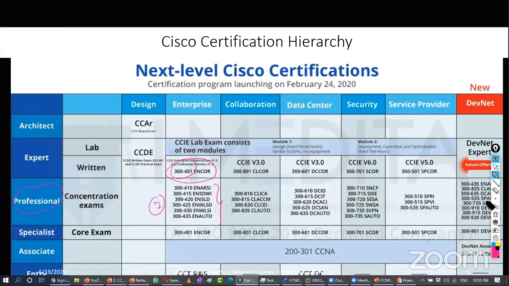Now if you see here, there is something called specialist. This is newly introduced by Cisco. A person is called a specialist if you have 3 CCNP papers. So let's say you have one ENCOR and 2 concentration papers, total 3. You automatically fall under the specialist bracket.